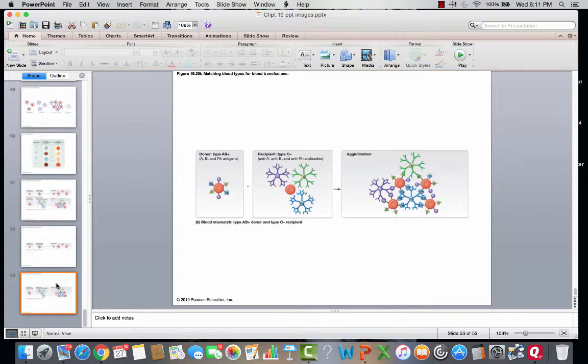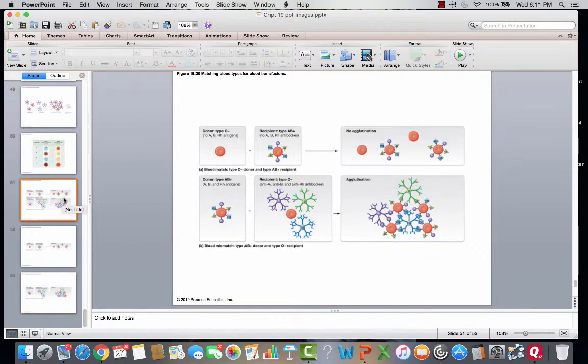So now that we understand how these antibodies and antigens react with each other, we give Rh negative mothers anti-Rh antibodies in and around the time they give birth, preventing them from making anti-Rh antibodies.